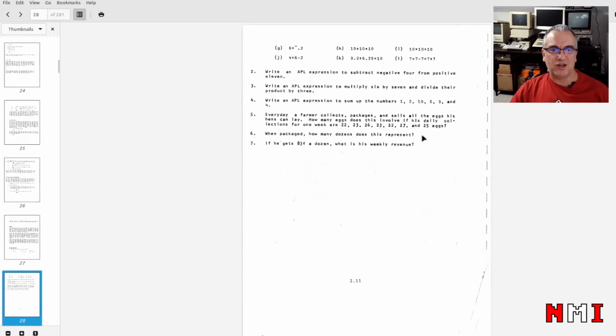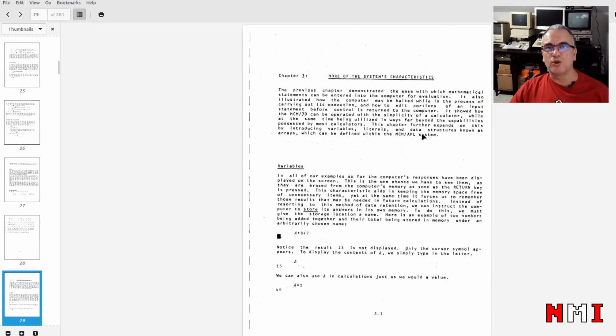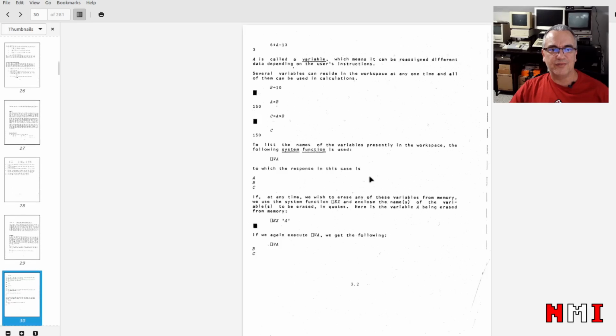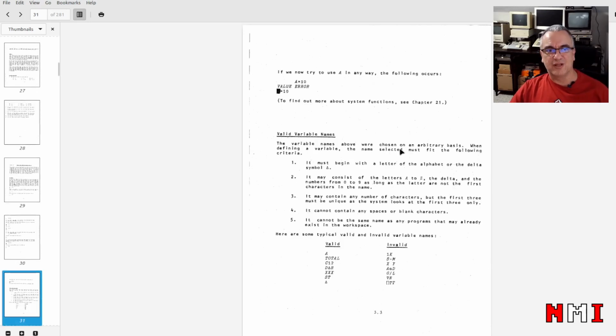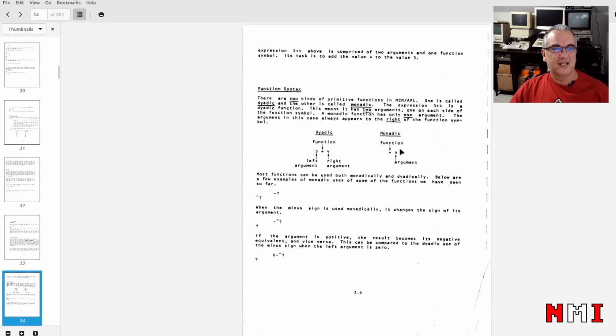They explain all the operating modes and the symbols. It's very nice because it starts from the very basics, and then it dives into more complex stuff.